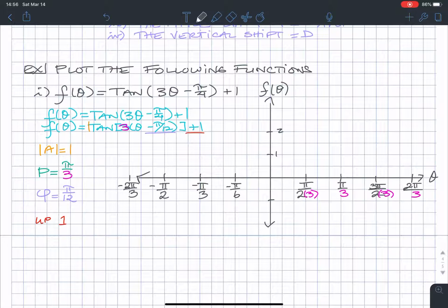This is interesting because notice that pi over 12 isn't a quadrant, but do you agree that it's half of pi over 6? So it's actually half a quadrant. So pi over 12 is halfway to pi over 6. So it's actually a shift right of half a quadrant.